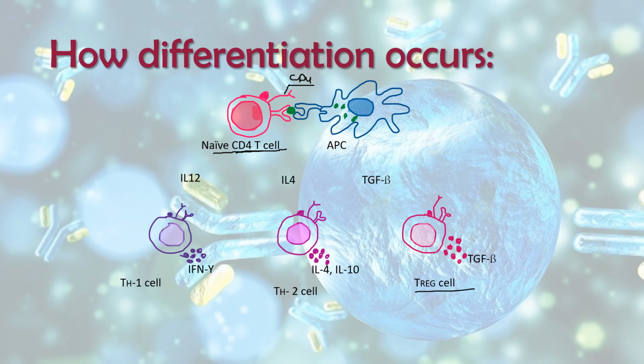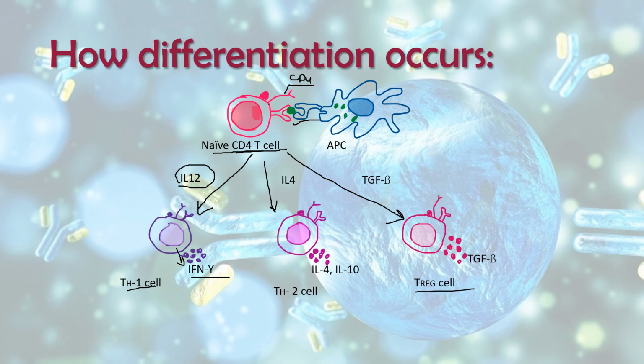So if this naive CD4 T cell, or we can say TH cell, interacts with the complex of antigen and MHC class 2 molecules, then it can be differentiated into TH1, TH2 or Treg cell. So how are they stimulated to form TH1? Basically, in the presence of interleukin 12, they can differentiate into TH1 cell and start producing cytokines named IFN gamma. Okay.